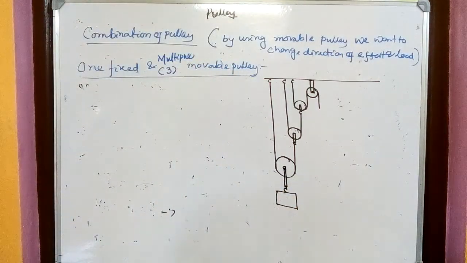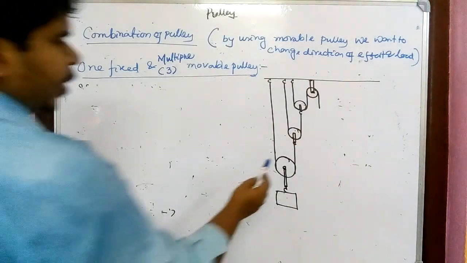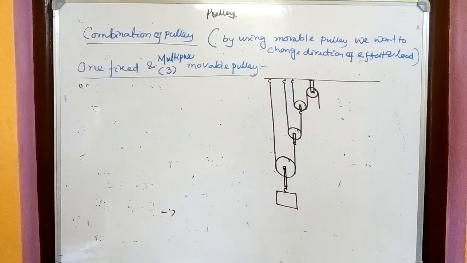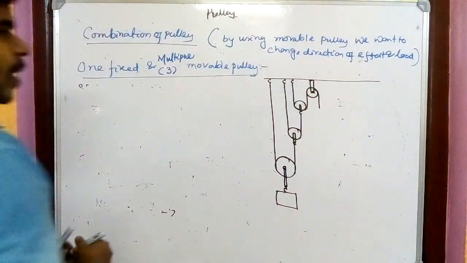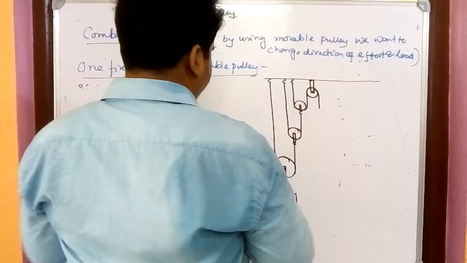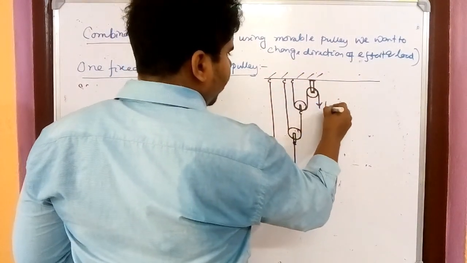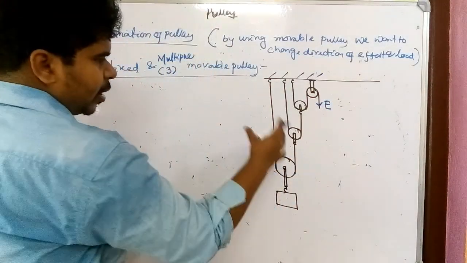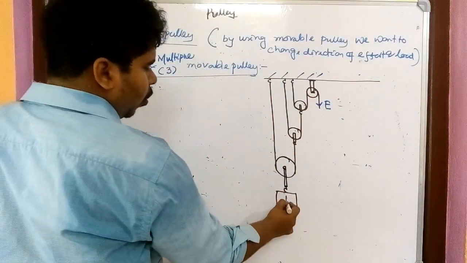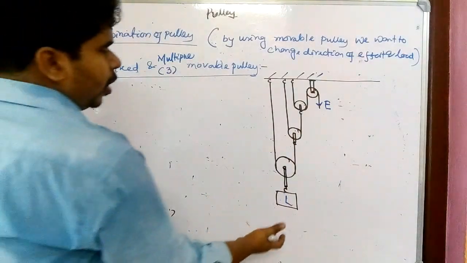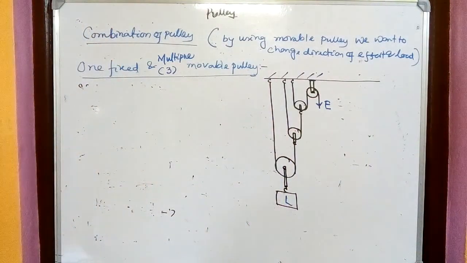What is shown here? All these three pulleys are movable, and this is only one fixed pulley which is fixed to the ceiling. If you apply effort here, this effort will be distributed to the movable pulleys step by step, and they should lift the load. How is it acting? Let's see.